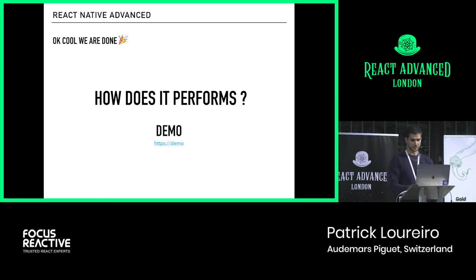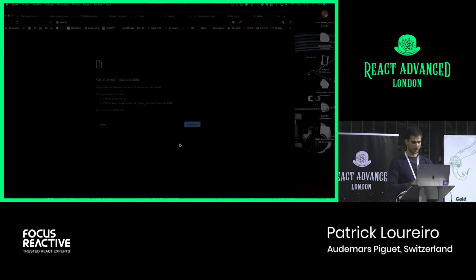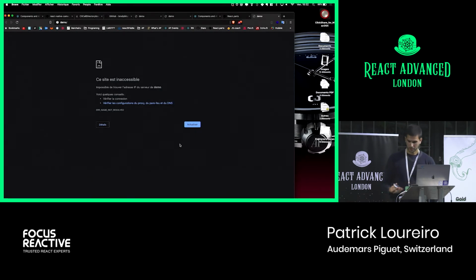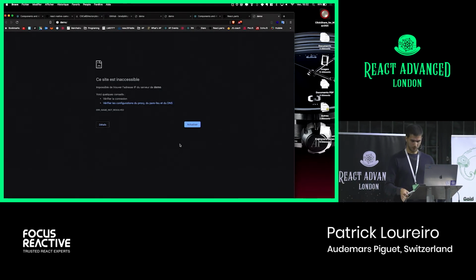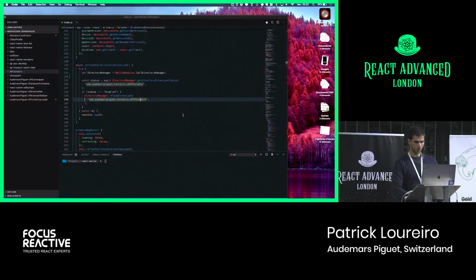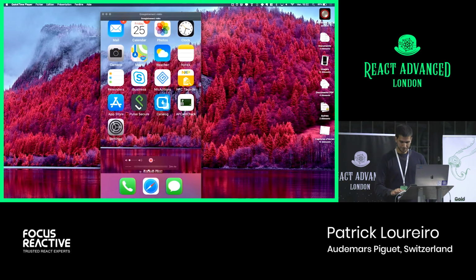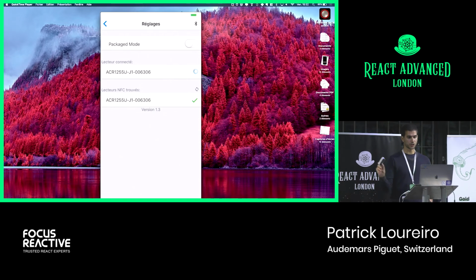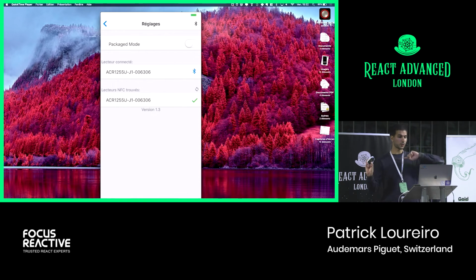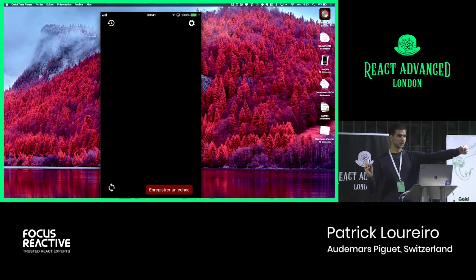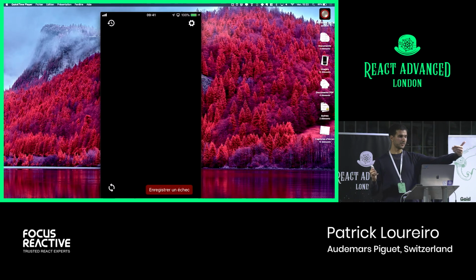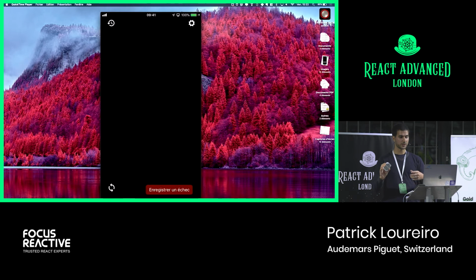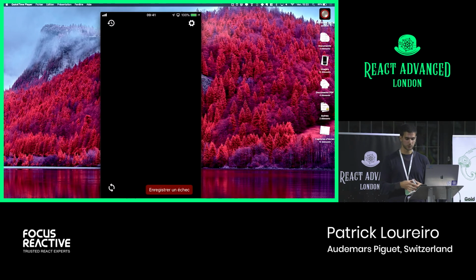How does it perform? So let's do a second demo. Okay, so I'm going to open the app. The app is going to search for a device. So it requested to the native side, give me the device you have. And because this device was already paired before, it was auto pairing.